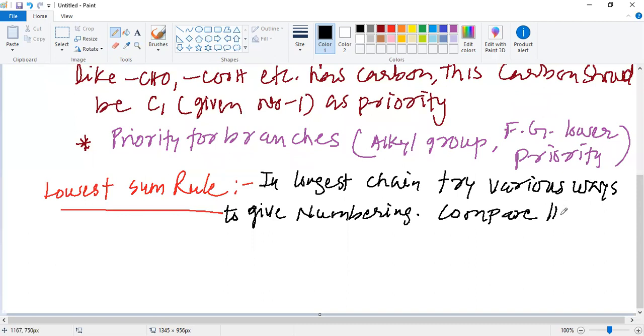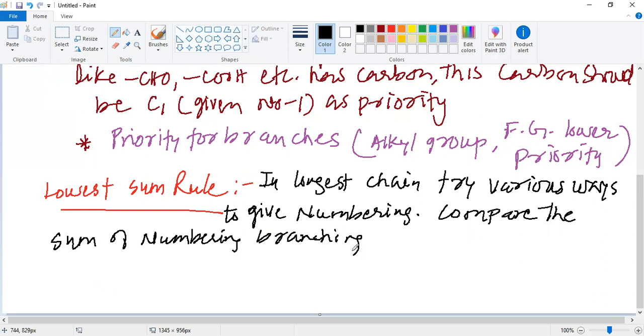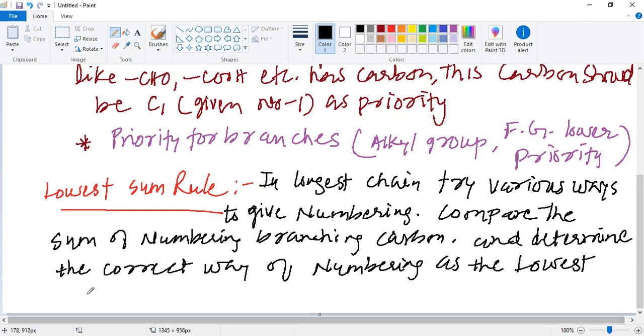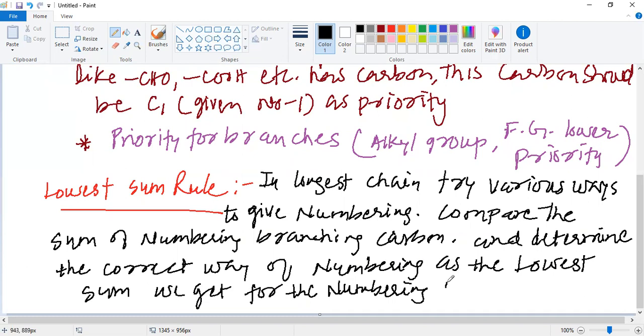Compare the sum of numbering of branching carbon and determine the correct way of numbering as the lowest sum we get for the numbering given to branches.